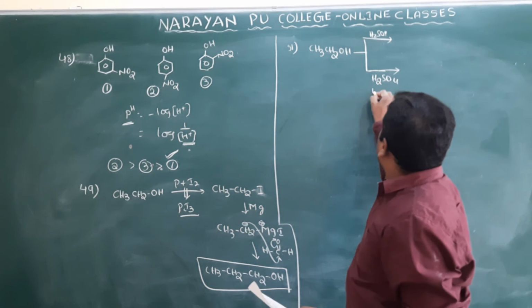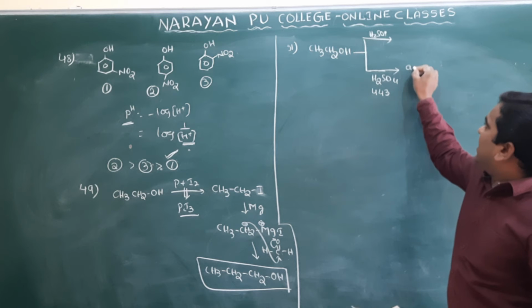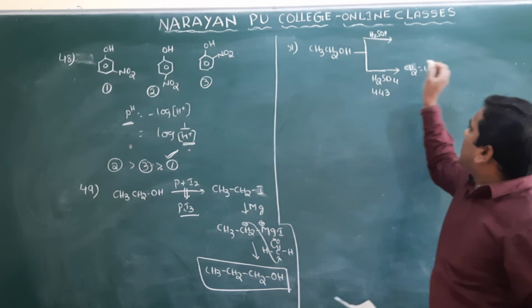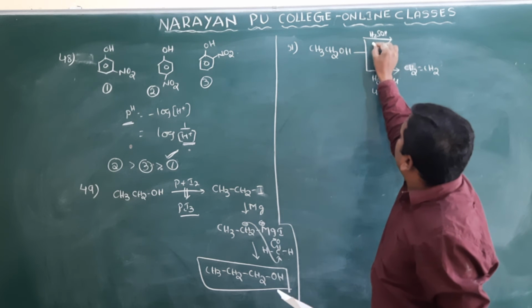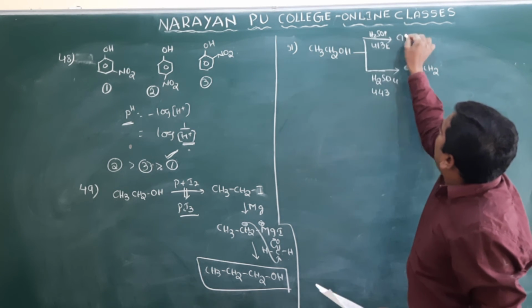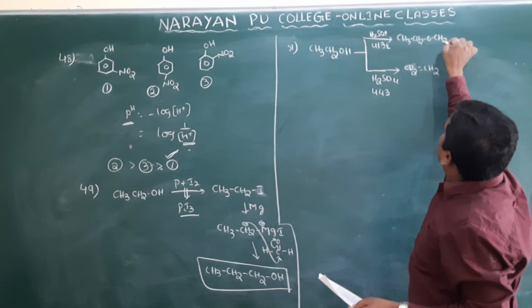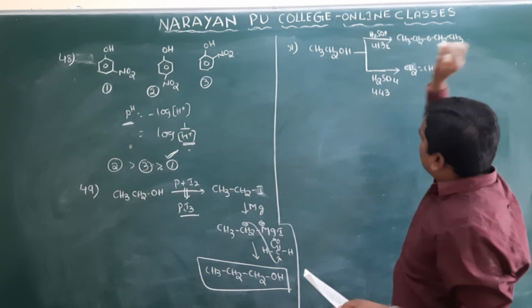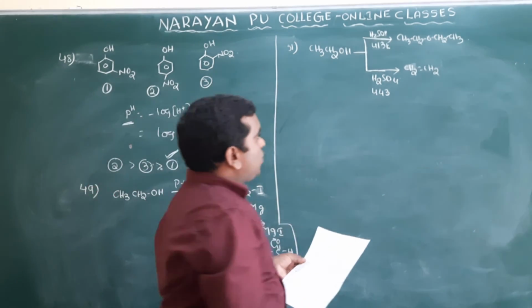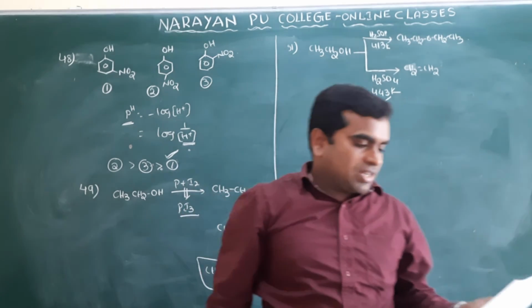If I take 443 Kelvin, then you will get alkene, a dehydration reaction. If you take 413 Kelvin and two molecules are involved, you will get ether, CH3CH2OCH2CH3. So what is our option? T1 is 413, T2 is 443 Kelvin. Option 2 is the correct one.